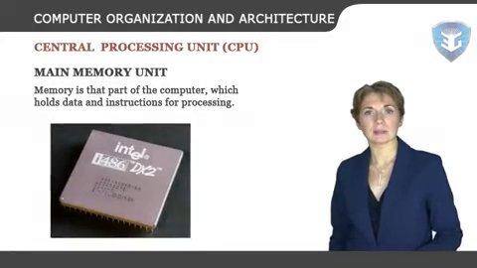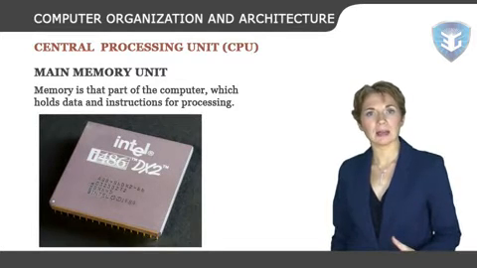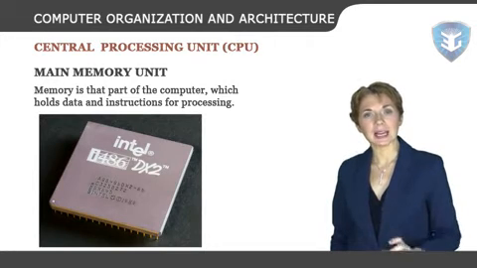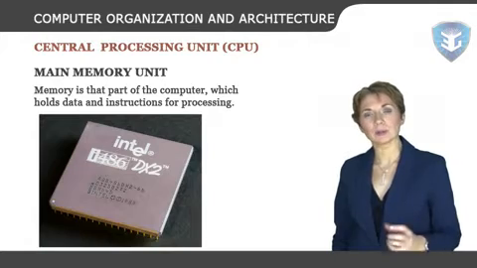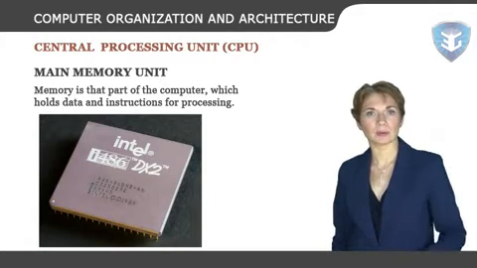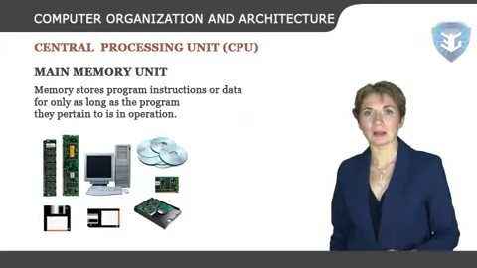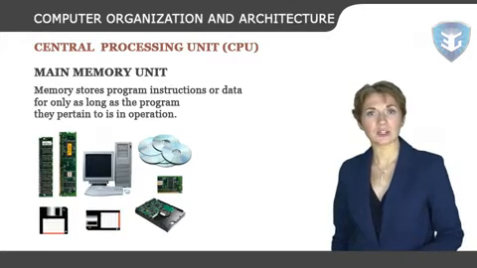Main memory unit. Memory is that part of the computer which holds data and instructions for processing. Logically, it's an integral component of the CPU, but physically it's a separate part placed on the computer's motherboard. Memory stores program instructions or data only as long as the program they pertain to is in operation.